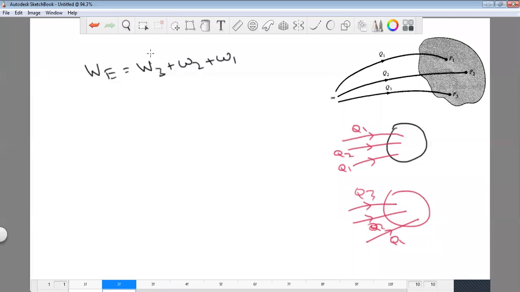What is the work done required to move point charge Q3? It is 0, obviously, because there is no charge present in the static electric field, so there is no opposition. So the work done to move point charge Q3 is 0. Next, to move the point charge Q2.